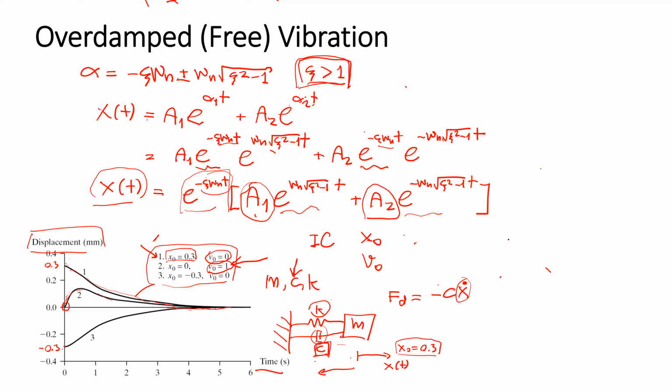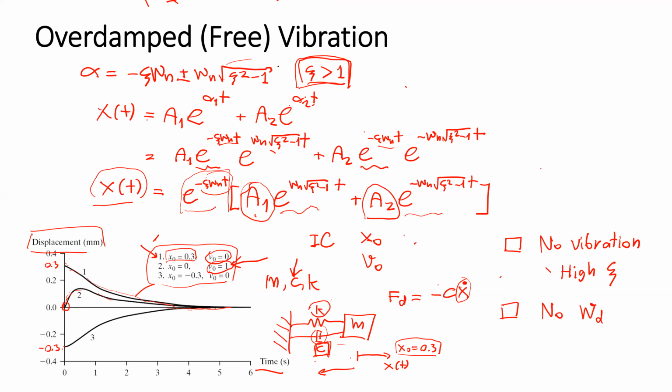Note that in this case we have no vibration. As I mentioned, we have no vibration, and we have a high damping ratio. Be careful here: we have no damped natural frequency.